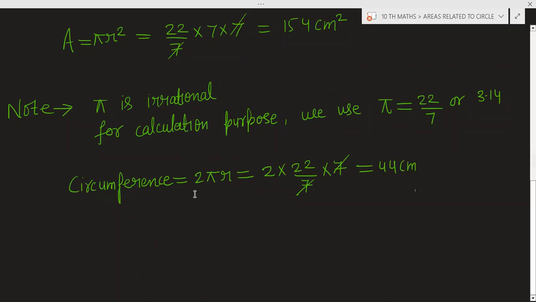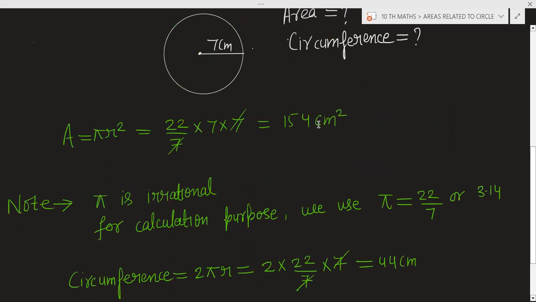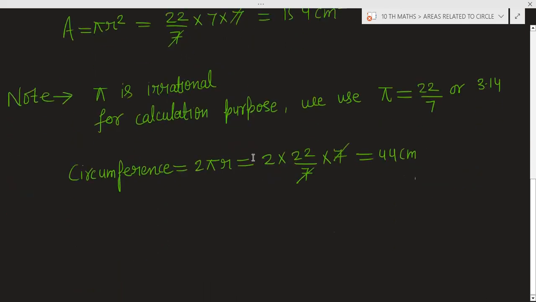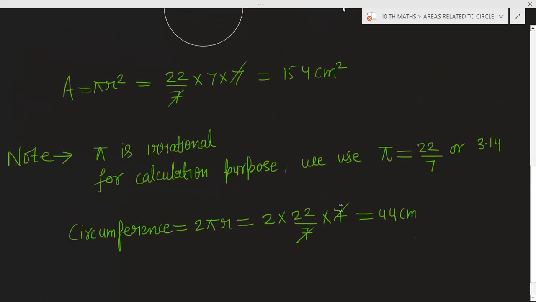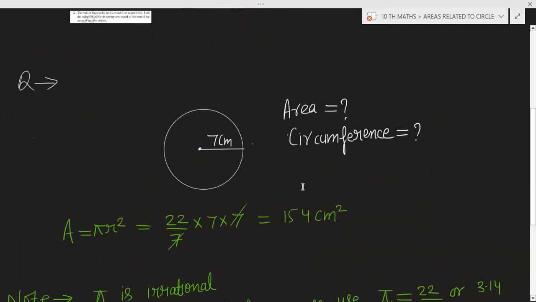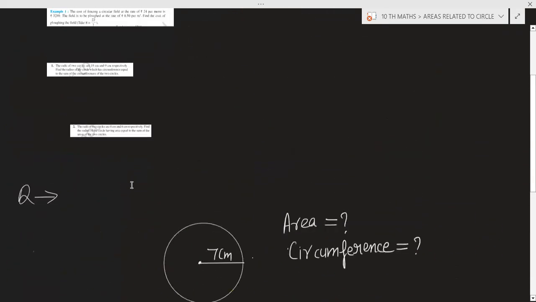Circumference is a type of length, and unit of length will be 1 power of centimeter or 1 power of meter. In area there is 2 power of centimeter or 2 power of meter, because here you are multiplying radius 2 times. Here you are multiplying radius only 1 time. So these things you already know.